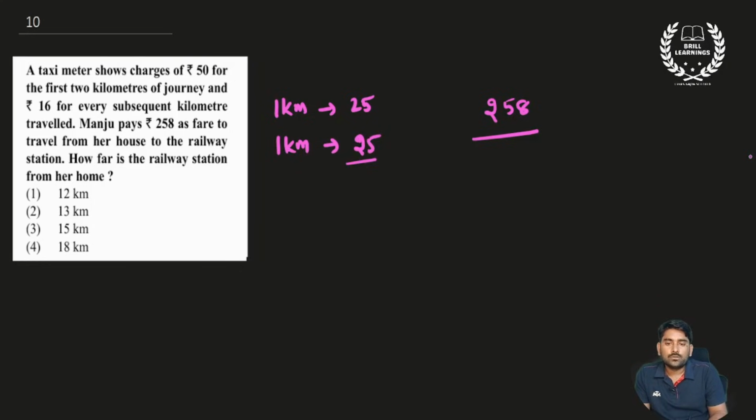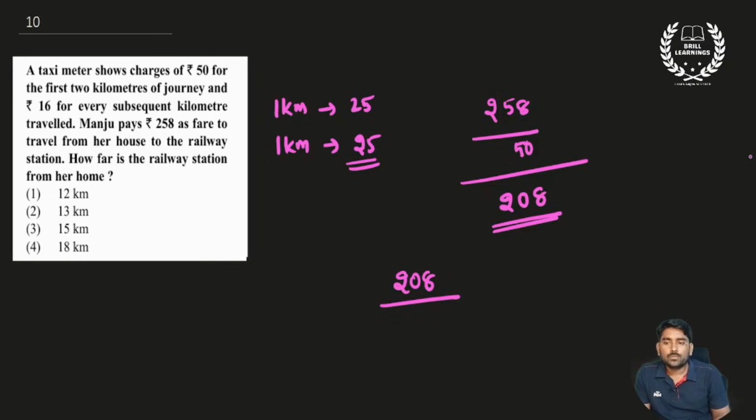So first subtract that value, 50 rupees, take that out. So we'll have 208 rupees. For subsequent kilometers he has paid 208 rupees. That means for every kilometer he is paying 16 rupees at a uniform rate.